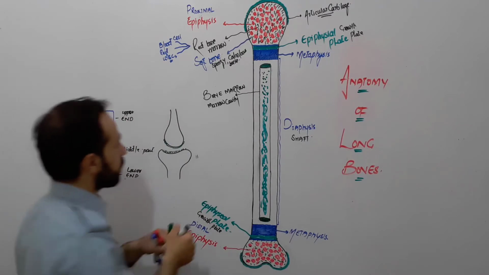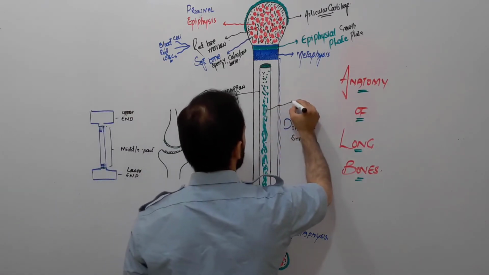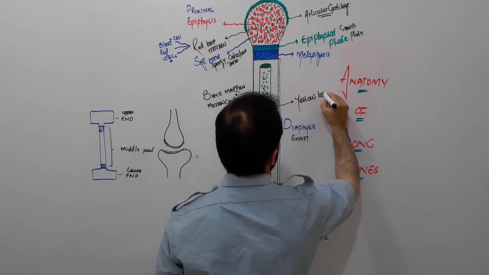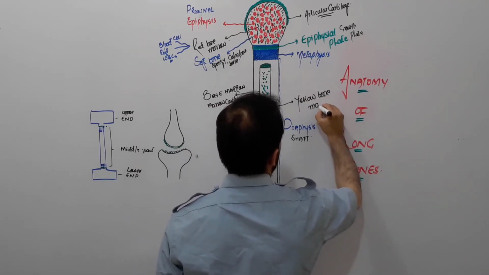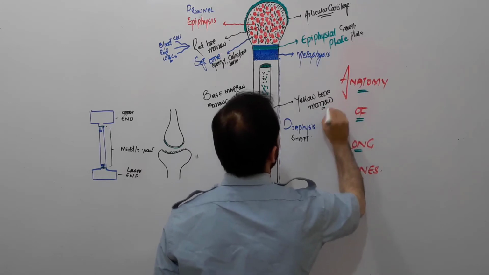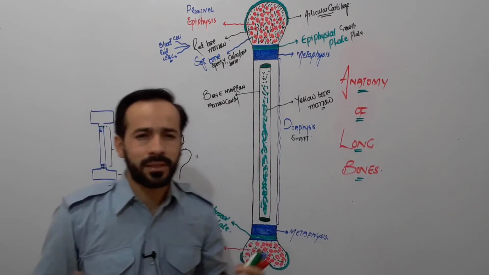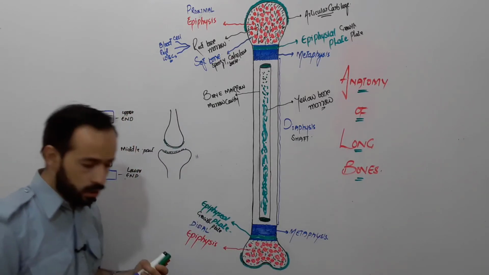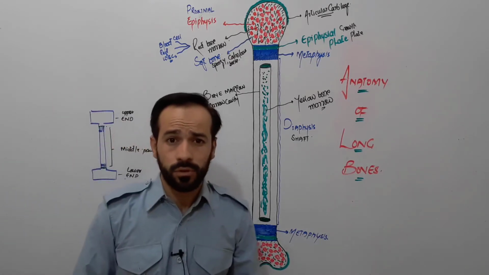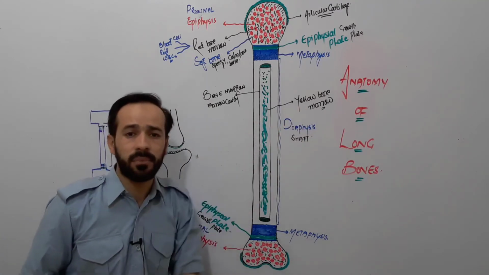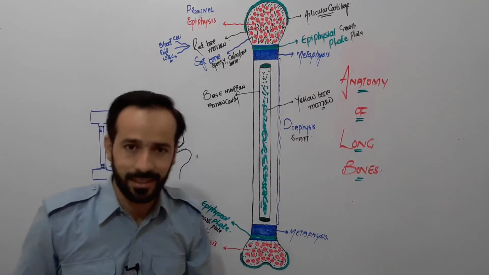So let me write it here. Yellow bone marrow, right? And this yellow bone marrow, in the beginning it was the red marrow, but now in the adult long bone, it becomes yellow marrow, and it loses the ability of production of blood cells, right?